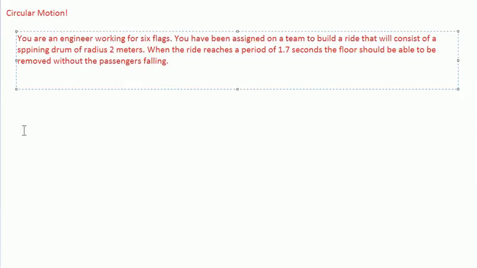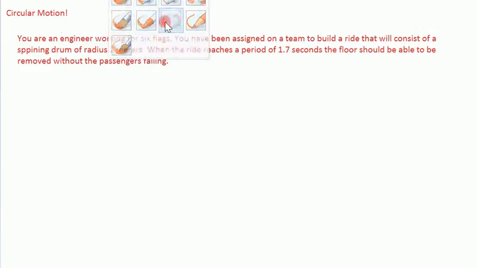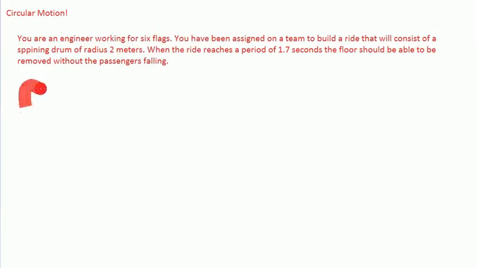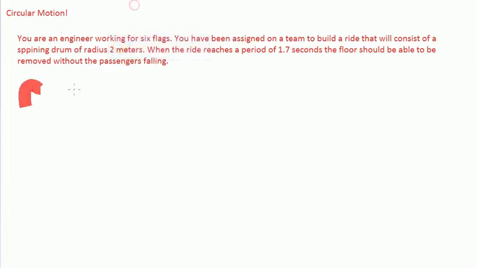Before we do anything, let's look at what we know. We know it's a radius of 2 meters.